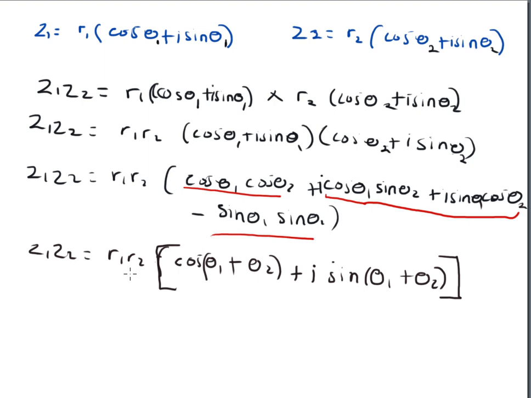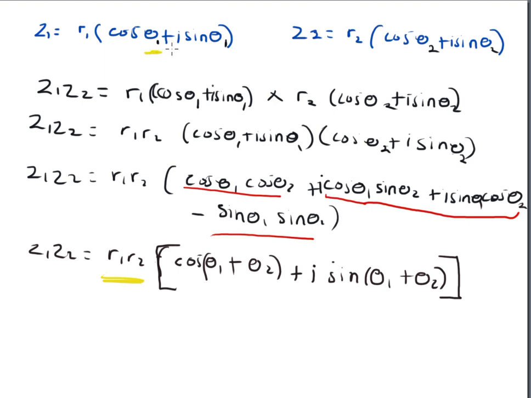So whenever we are given two complex numbers which are in the polar form, the first thing we have to do is to multiply their moduli together. Then we add their corresponding angles.